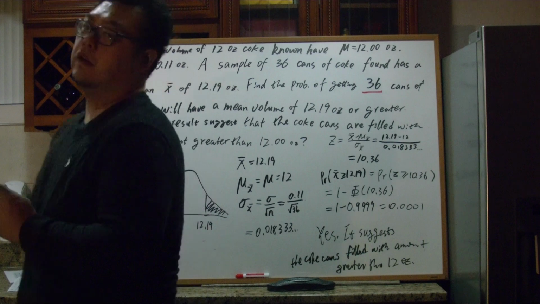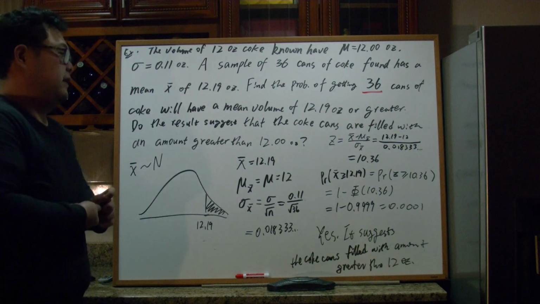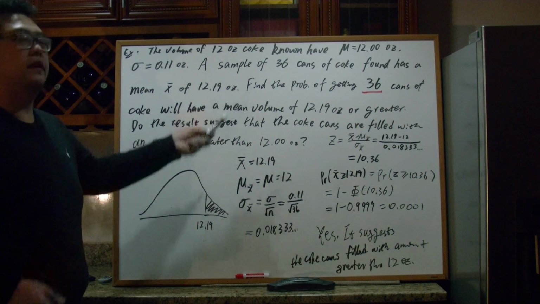It suggests that because it is unusual to get 12.19 ounces if the mean was 12 ounces.